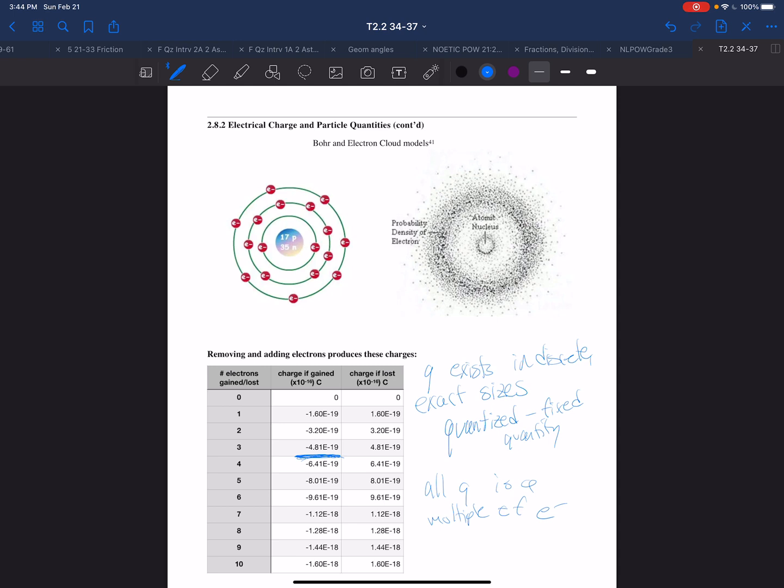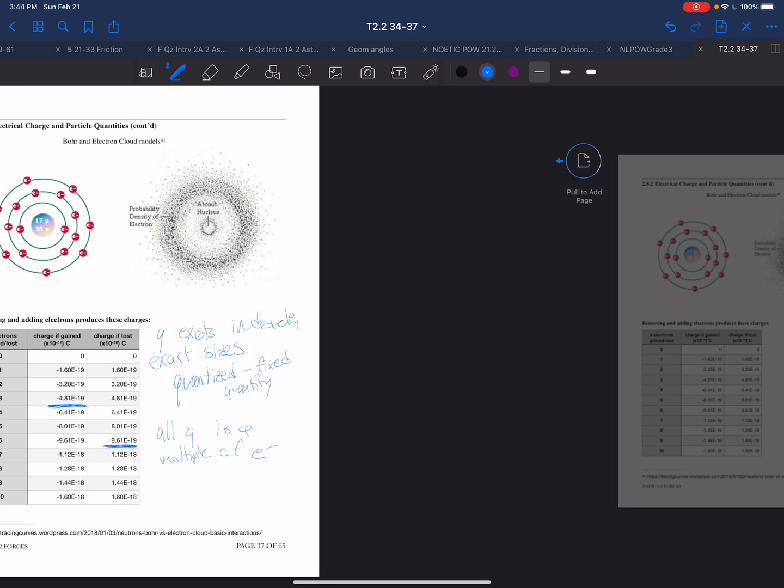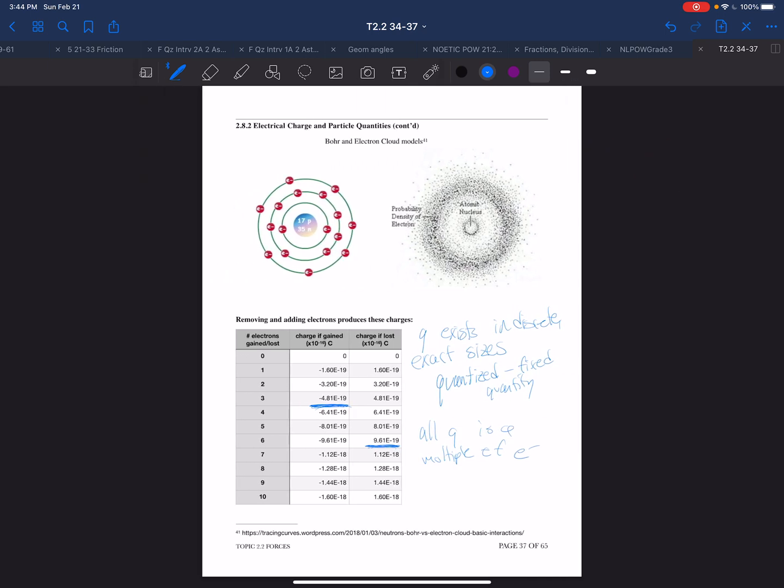We cannot have a charge of plus 10 elementaries, or plus 10 times 10 to the minus 18th coulombs. Not possible. It has to be either 9.61 times 10 to the minus 19th or 1.12 times 10 to the minus 18th. It cannot be anything in between. And that ends this installment of electrical charge and particle quantities.